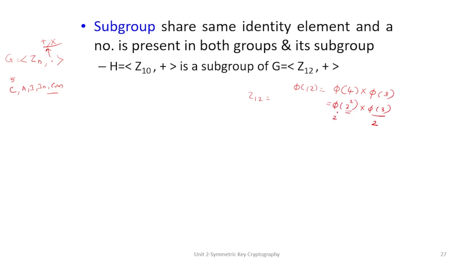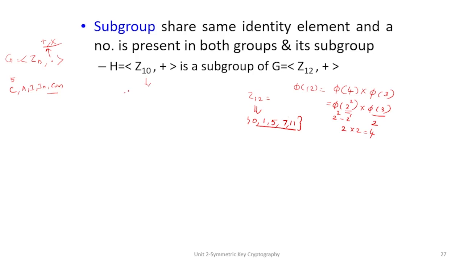Here phi of 2 squared means 2 power 2 minus 2 power 1, so 4 minus 2 is 2, and 2 times 2 is 4. So the values of phi of 12 are, apart from 0, 1, 5, 7 and 11. 2, 3, 4, 6, 8, 9 and 10 are not possible. So totally these elements are available in Z12.